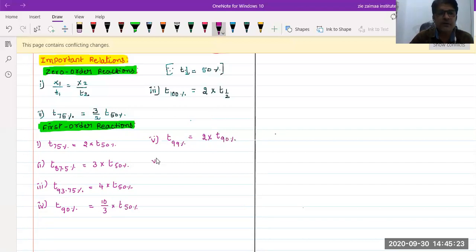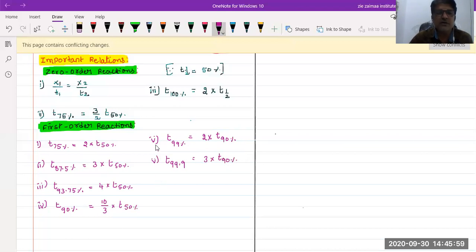Next, if T 99.9% is taken, 3 into T 90%.